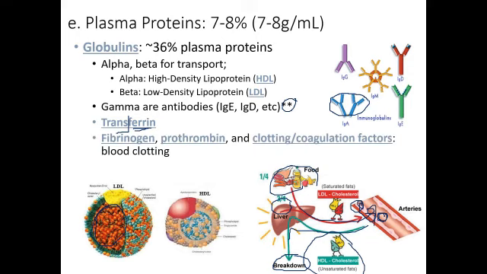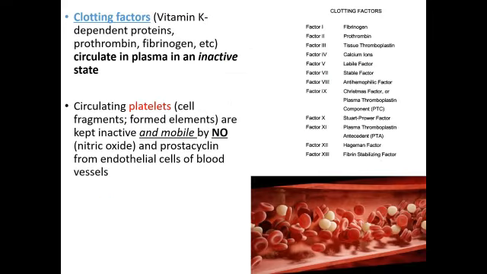Okay. The final group of plasma proteins that we'll talk about today, actually quite extensively, are all involved in blood clotting. So what we will see is that proteins called fibrinogen, prothrombin, and a variety of clotting or coagulation factors always circulate within the blood in an inactive state.